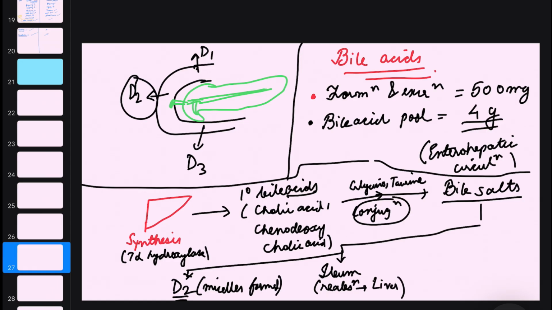This is called enterohepatic circulation. But not all of the bile salts will be reabsorbed. Otherwise, we won't have any excretion of bile acid. But we already know that formation and excretion is approximately 500 milligrams every day. So some bile acid will escape reabsorption, and from the ileum they will go into the large intestine, into the colon.